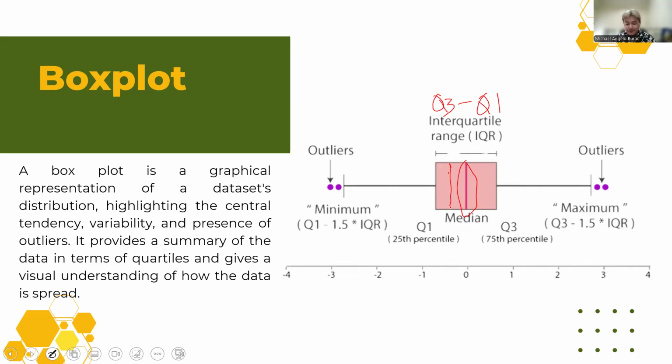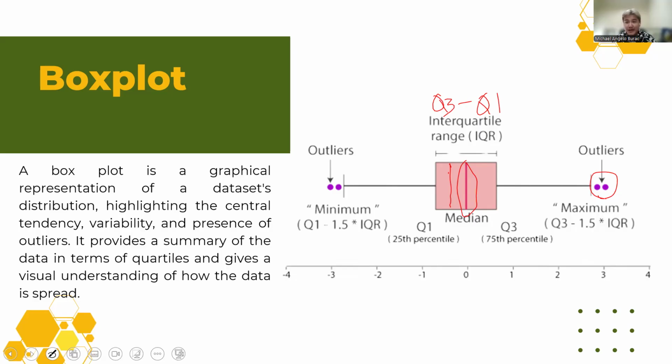For the minimum value, you have the minimum in the data set. Maximum is the maximum value in the data set. We'll compute later on for the outliers. To get the lower bound, you have Q1 minus 1.5 times the interquartile range.